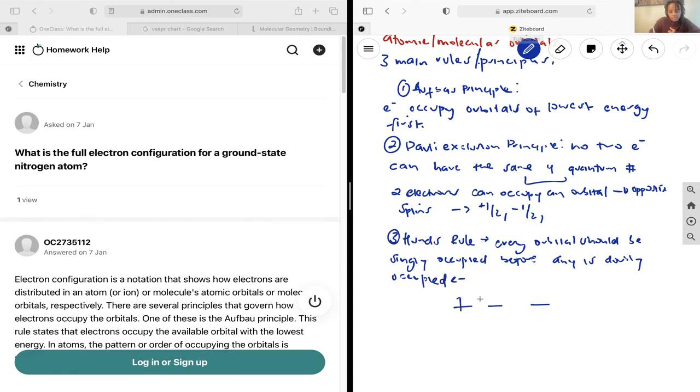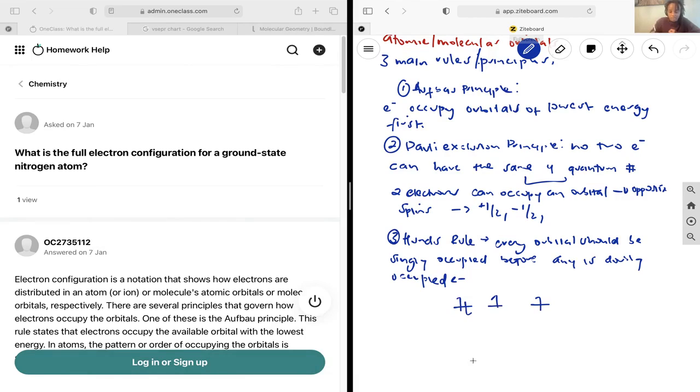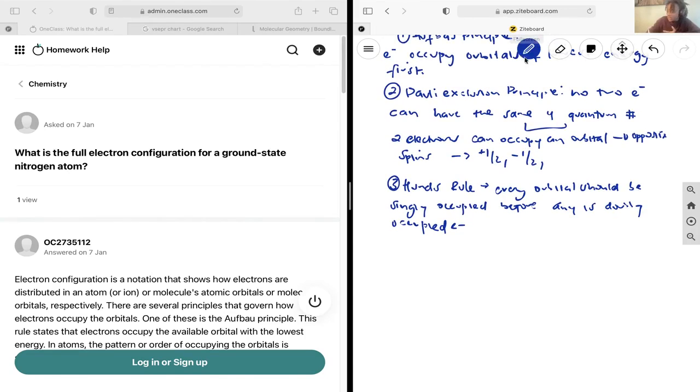Hund's rule would dictate that I need to fill them all individually first before I add another electron. This minimizes the energy of the configuration of electrons, so we're building up in the same way as the Aufbau principle. All of these rules are just so that we fill in a manner in which we get the lowest energy state, which is the ground state of the nitrogen atom.